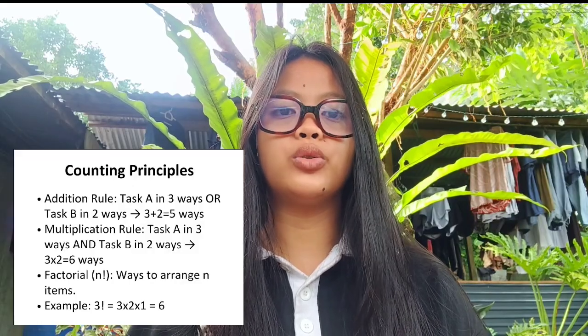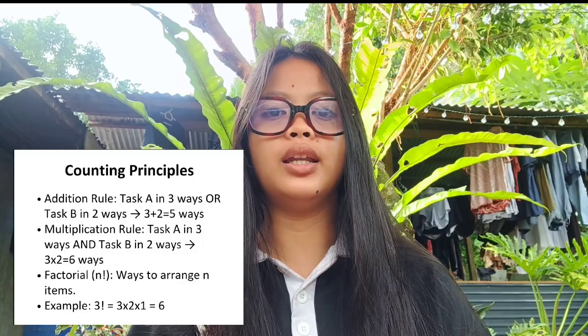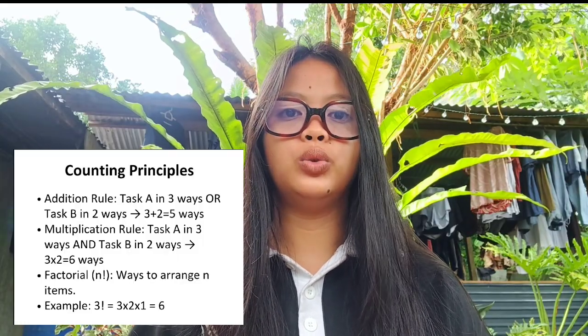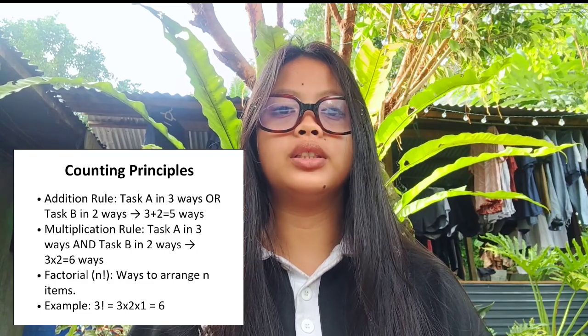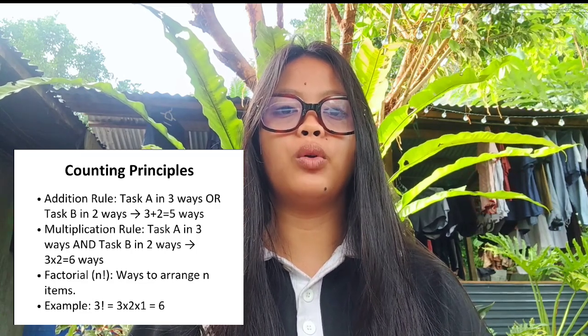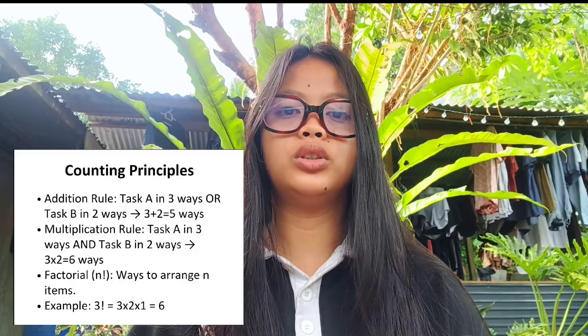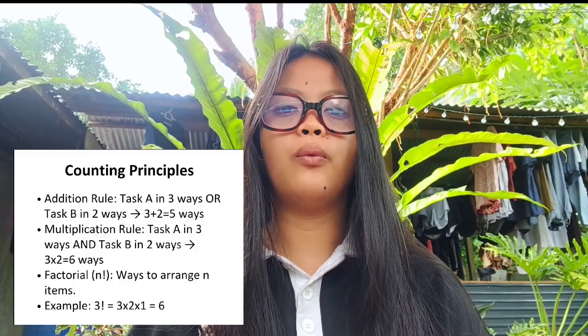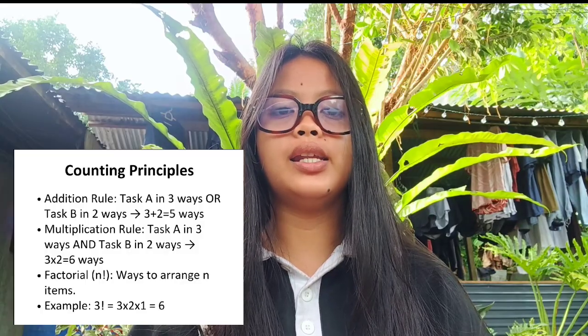Multiplication rule: if you can do task A in 3 ways and task B in 2 ways, the total is 3 times 2 equals 6. For example, 3 shirts times 2 pants equals 6 outfits.